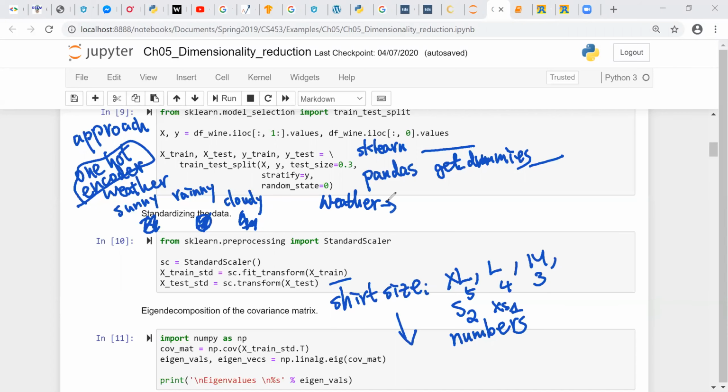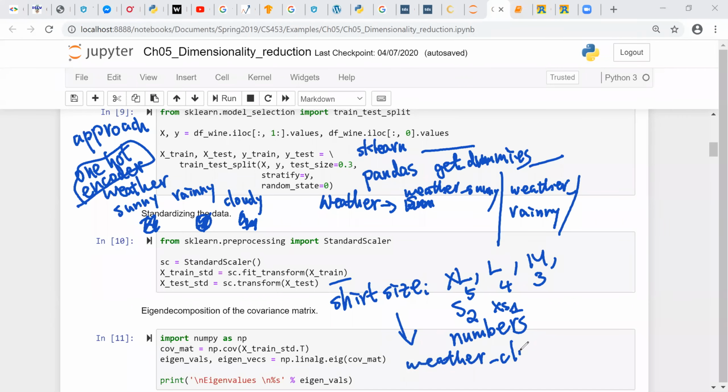Now you are going to convert this single feature to 3 features: weather sunny, weather raining, and the 3rd feature, weather cloudy. With these 3 columns, what are the legitimate values they can take?